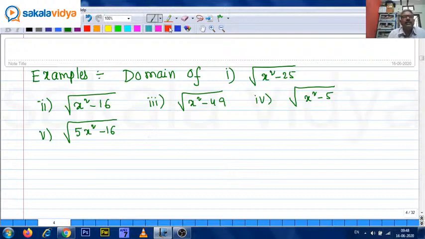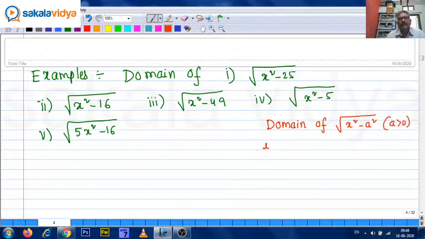So first let me write the formula. Domain of root of x square minus a square, a greater than 0, is minus infinity to minus a closed, union a to infinity.